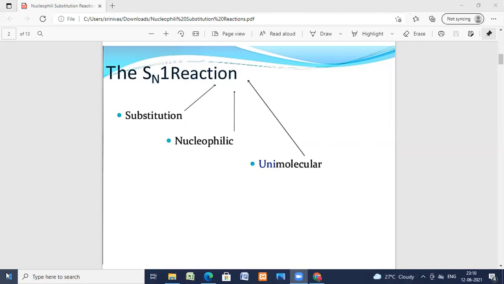The carbon has four bonds, one with X and the remaining with other alkyl groups. And that C-X bond of the alkyl halide is polar. Carbon acquires a partial positive charge and halogen acquires a partial negative charge.